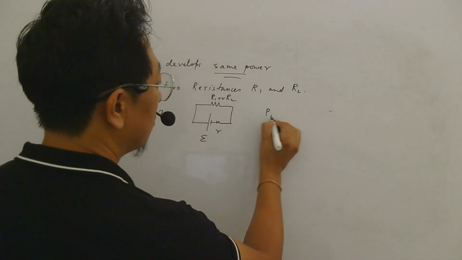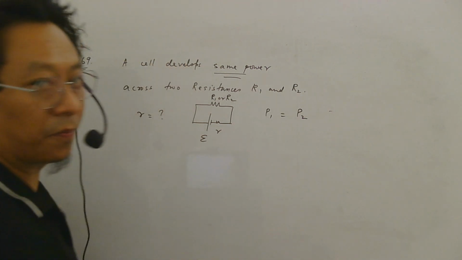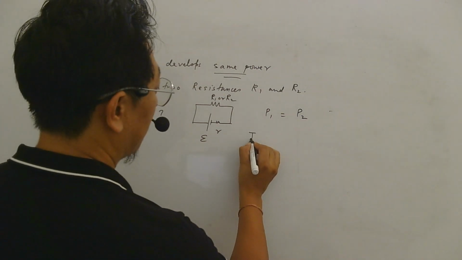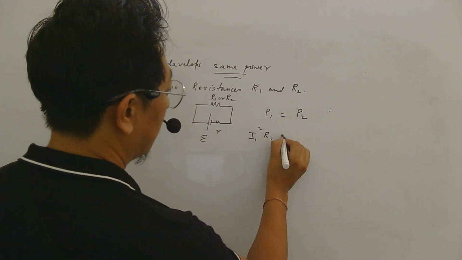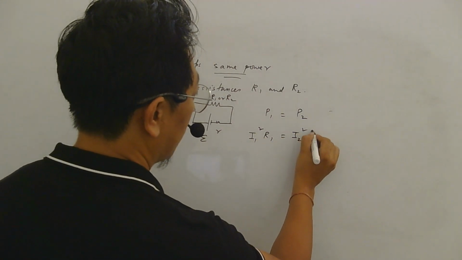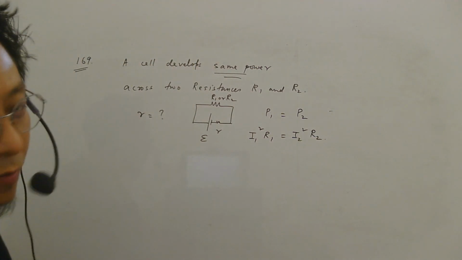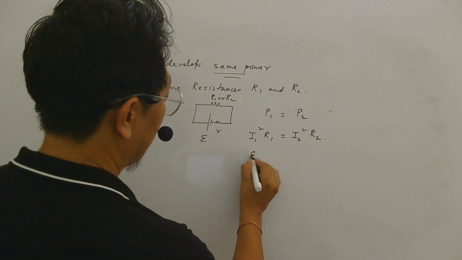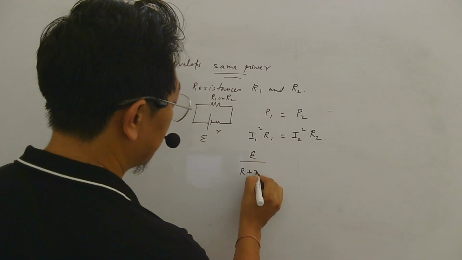Well, power consumed is same, means P1 should be P2 and P1 will be what? I1 square into R1, I2 square into R2. I1 will be what? In the first circuit, EMF by total resistance.